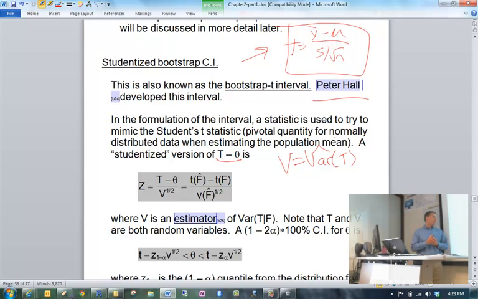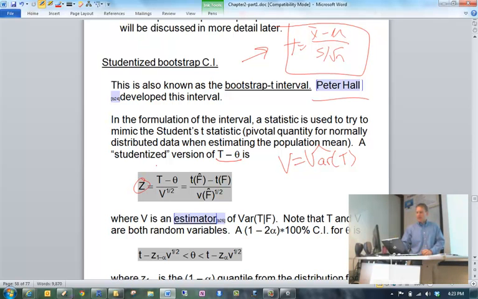So V, and notice it's a capital V, is the random variable version of an estimate of the variance for a statistic of interest. And we're going to call this Z, for the usual reasons. We often call a quantity like this, where you take the quantity divided by its standard error, a Z value.